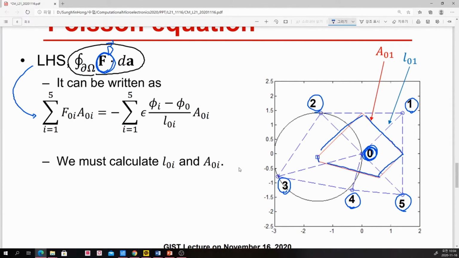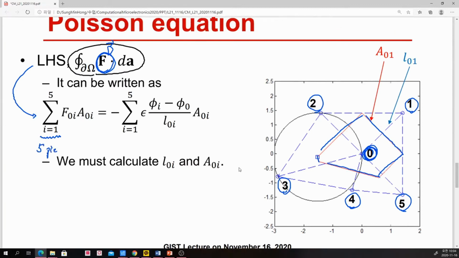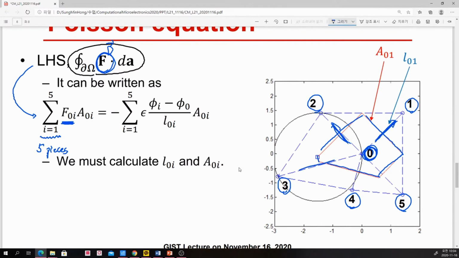In this case, we can divide it into 5 pieces, and we can define the vector along this direction, and that direction, and that direction, and another direction.